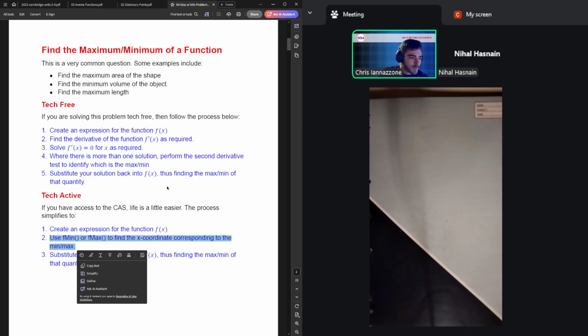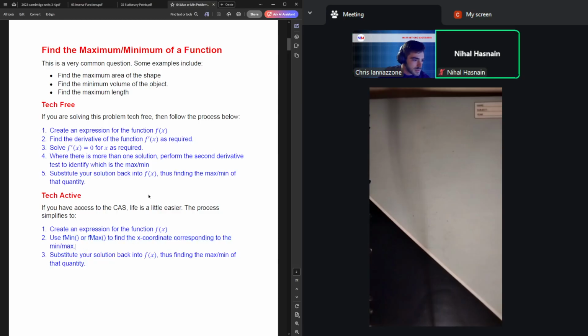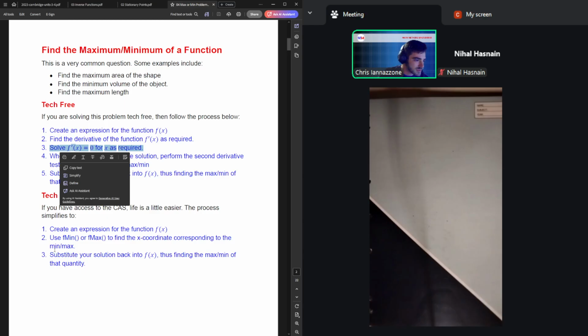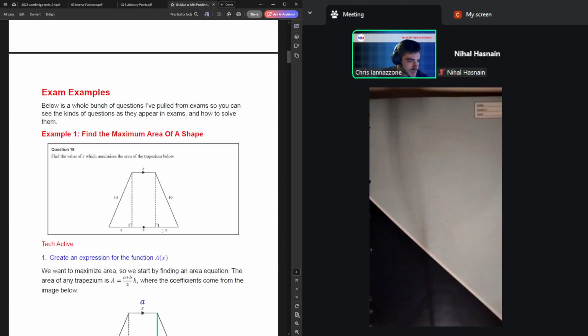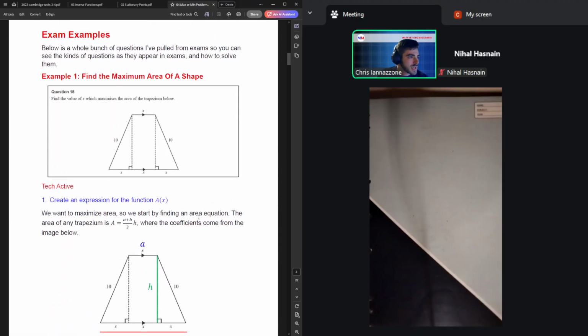Tech-active, it may or may not be a turning point, so you'd use your fmin or fmax in the CAS instead. And then sometimes it just requires the x value of that, in which case you're fine to just leave it at solving the derivative or using the fmin or fmax. If you need the actual maximum or minimum, then you'll sub that back into the original function that you've created. So let's see how that looks.